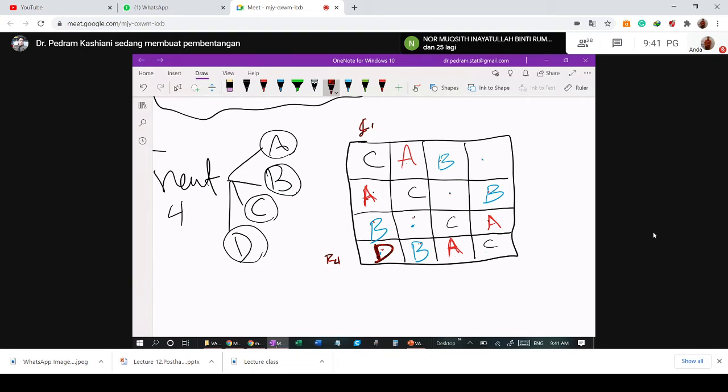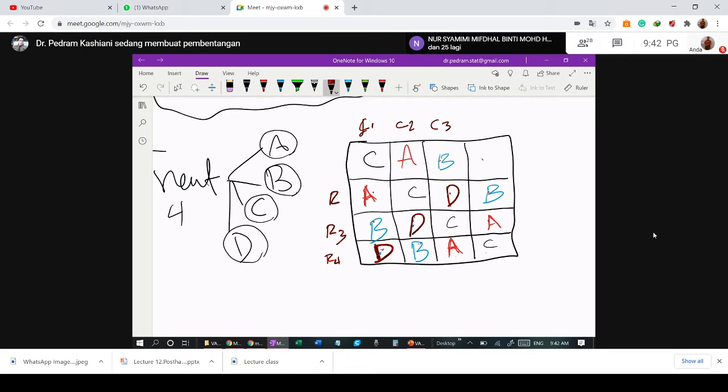If I put a D here, my column 2 has A, B, C, D. And my row 3 also has A, B, C, and D. I come to column 3, I have A, B, C, I put my D here.